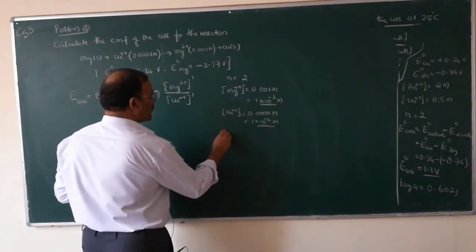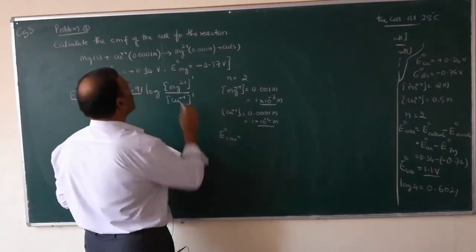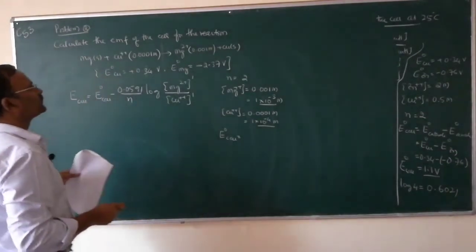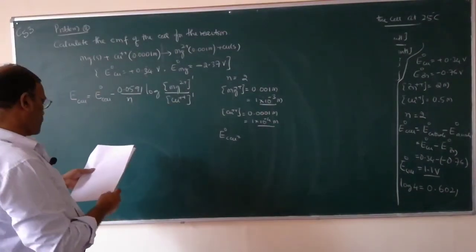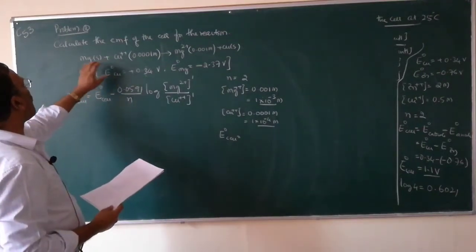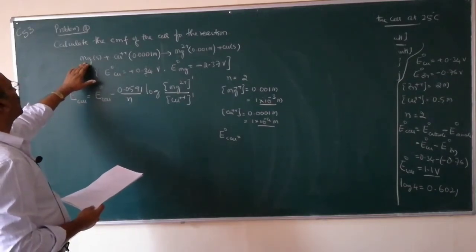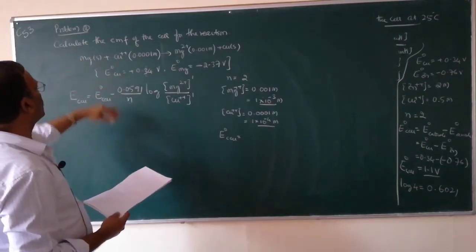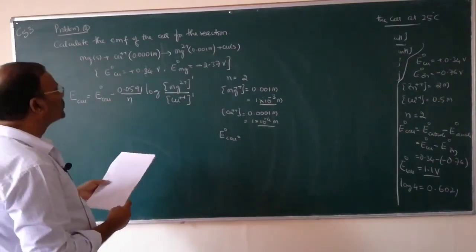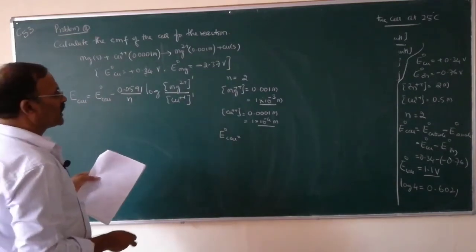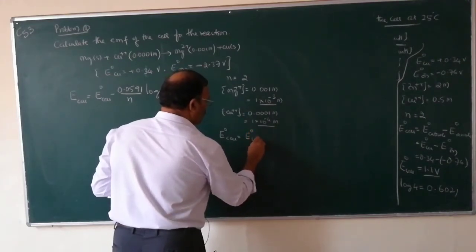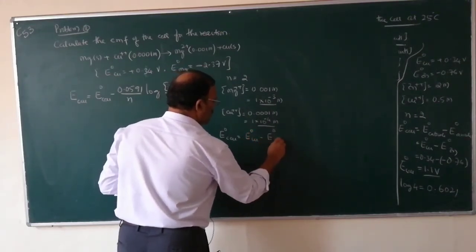Then what is E naught of cell? Here Mg is anode, magnesium electrode is anode, and copper electrode is cathode. So E naught cell is equal to E naught copper minus E naught of Mg.